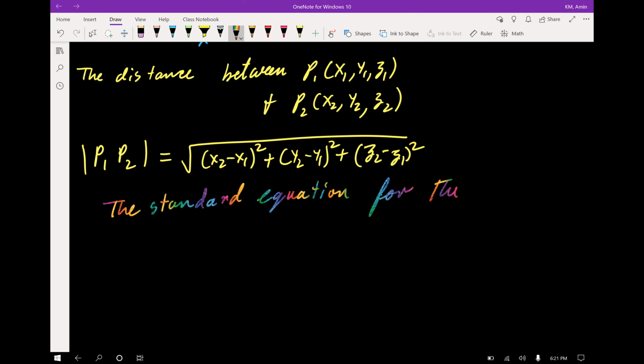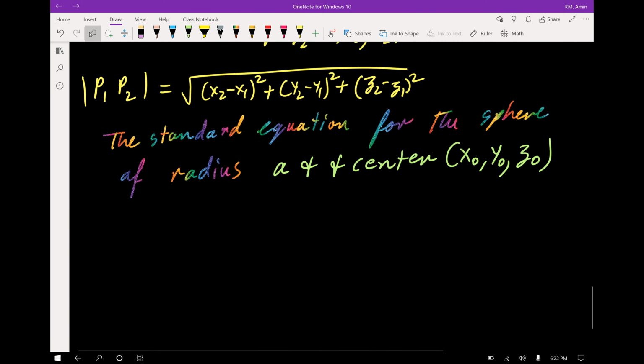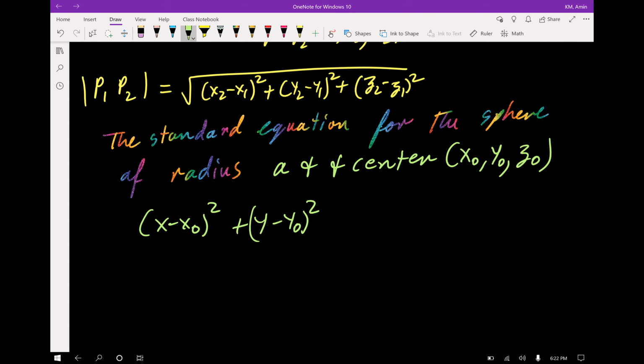For the sphere of radius a and center x naught, y naught, and z naught: x minus x naught squared plus y minus y naught squared plus z minus z naught squared equals a squared.